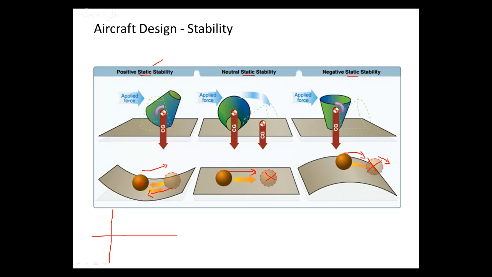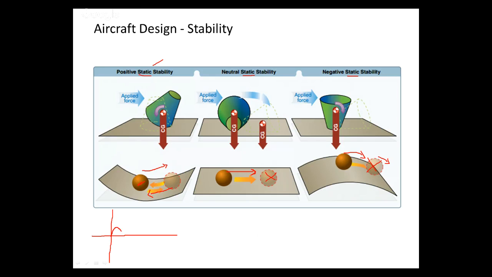For instance, positive dynamic stability would be if you push the ball up the ramp and it initially comes back towards the middle of the ramp, and then because you pushed it too hard, it goes up the other side of the ramp, and then it comes back and it comes back and it eventually makes it back to the center of the ramp. Does that make sense?